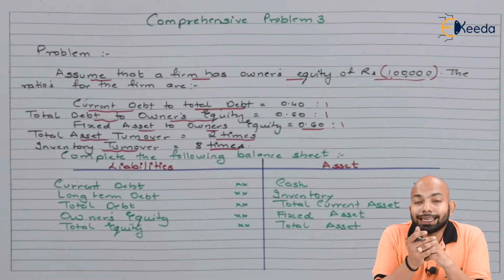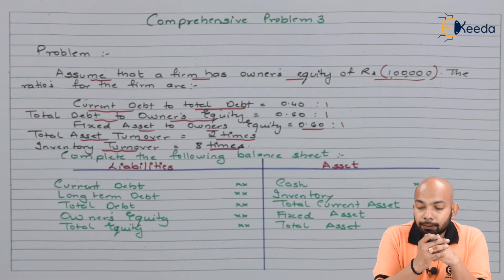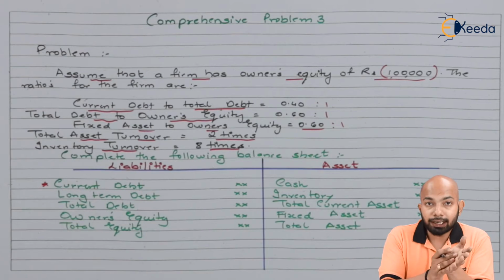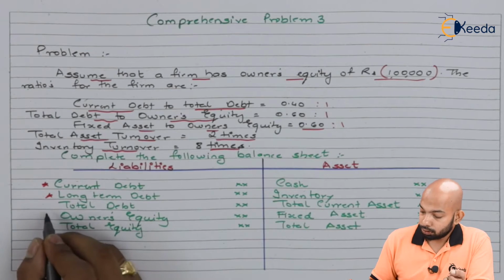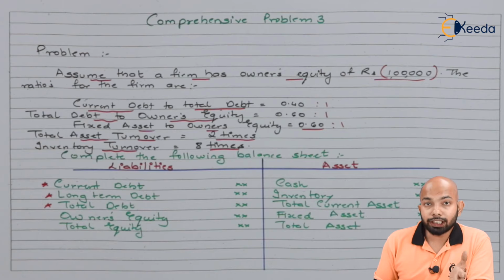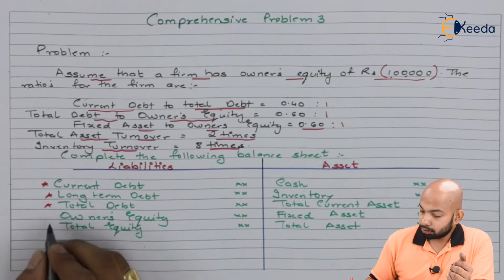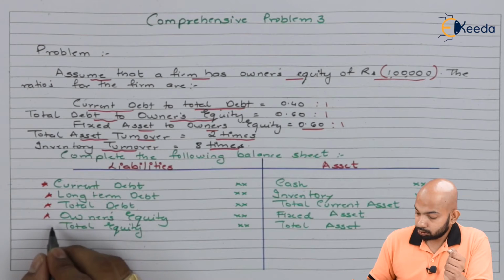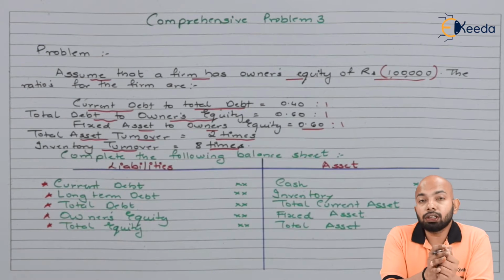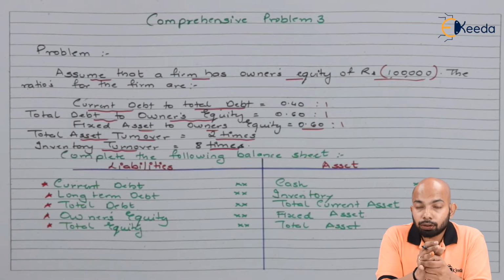So now there is a balance sheet that has been provided down there. We have current debts, we have long-term debts, we have total debts on the liability side, we have owner's equity as 1 lakh, and total equity that we have to figure out.